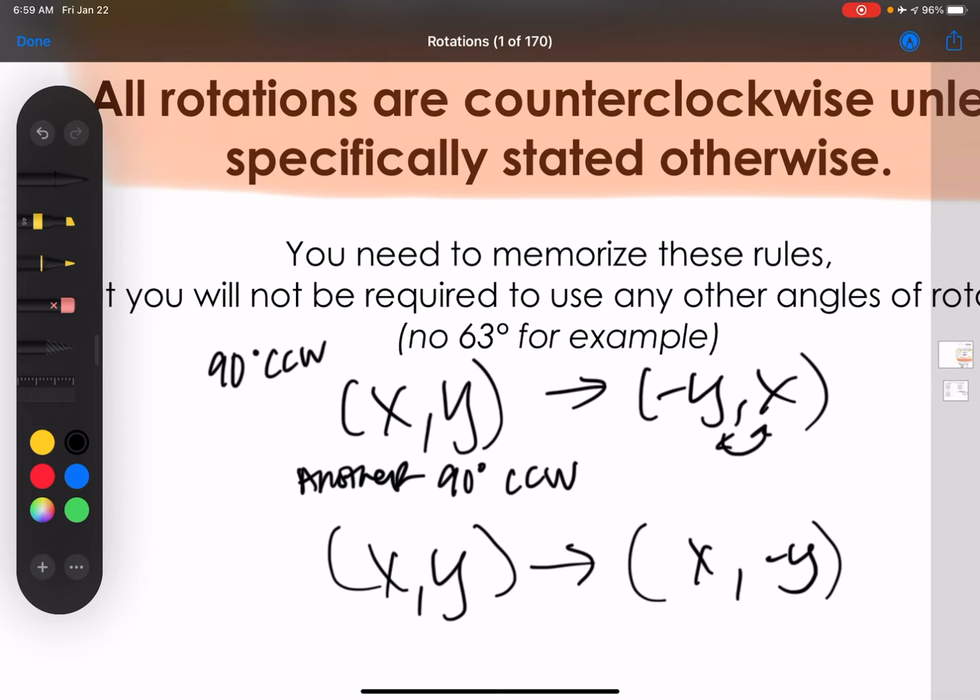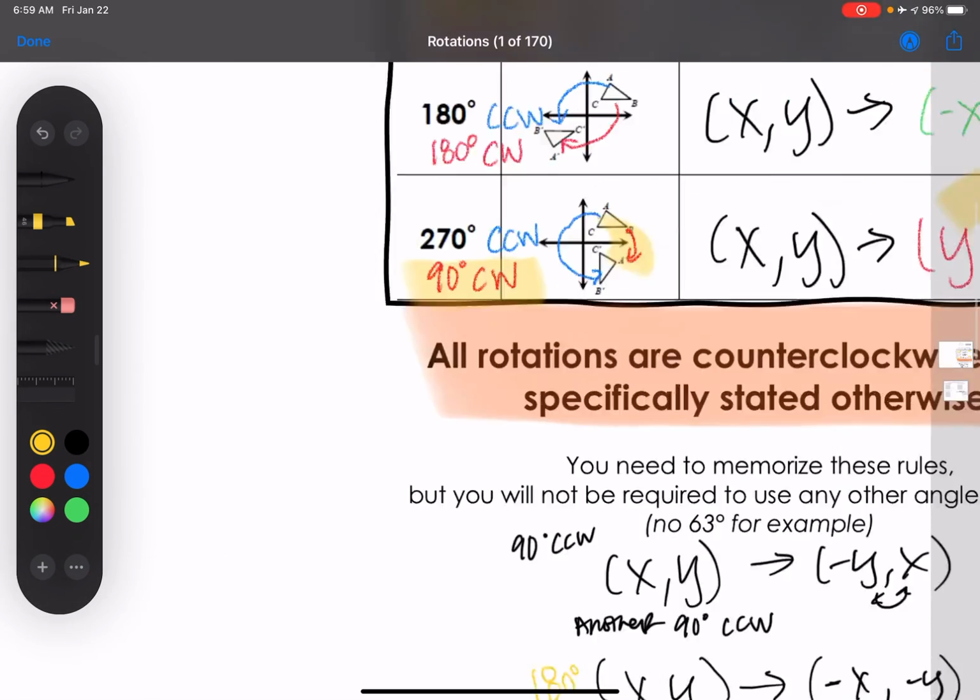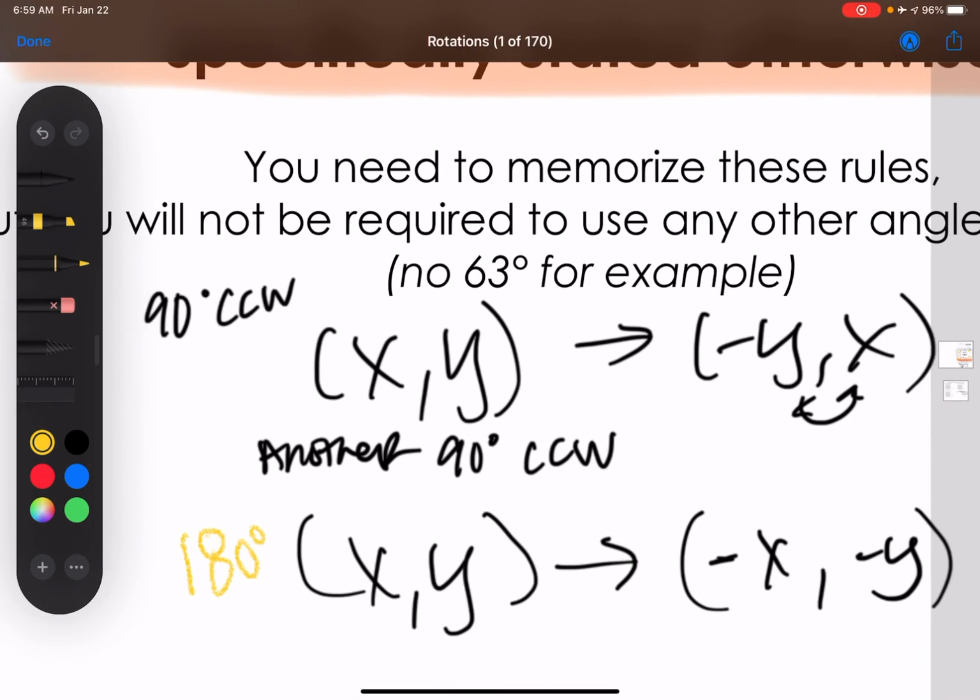Because it was 90 degrees counterclockwise to the left, the one on the left is the one that gets the negative. And because you've rotated it 90 degrees twice, which is 180 degrees, you get that representation. That's what ends up happening. All you're doing is you just keep applying that 90-degree representation. All right? You do not need to show this, but this is for your knowledge.